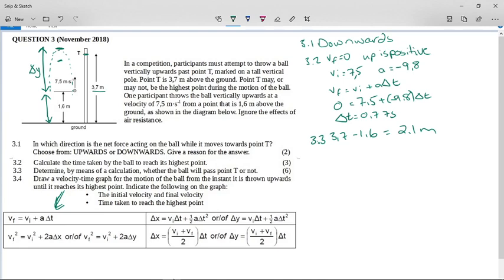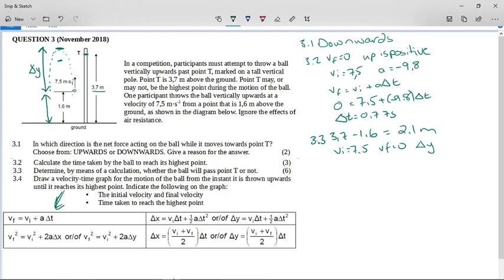So if we look at all of the equations of motion, if we want maximum height, we know our VI is 7.5, and we know our VF is going to be 0, and we are looking for delta y. So you can use the delta t you found in the previous question, but I like to use formulas that only have things that are in the question. And if you can't do that, you use the answer from the previous question.